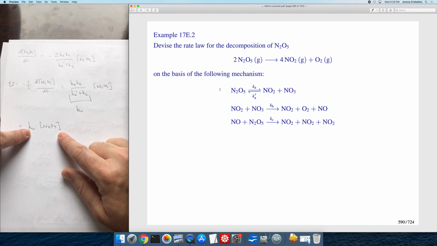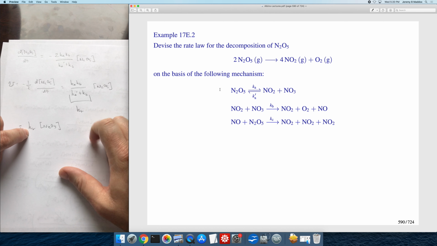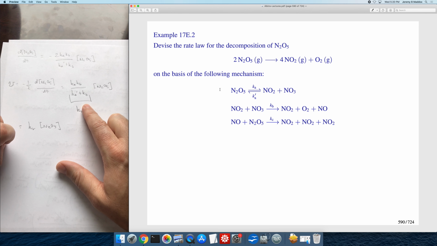So this is what you would observe experimentally, and the observed rate constant is actually a collection of rate constants from the mechanism.